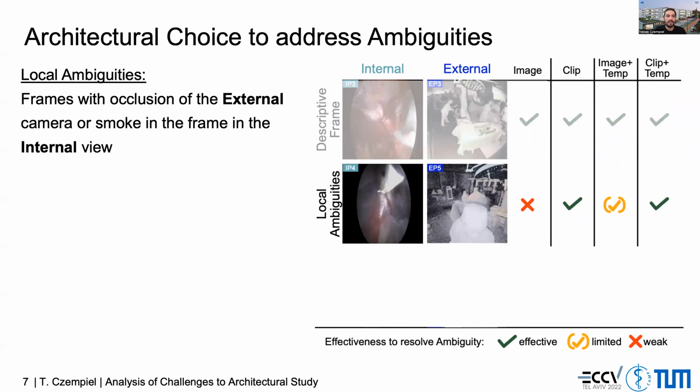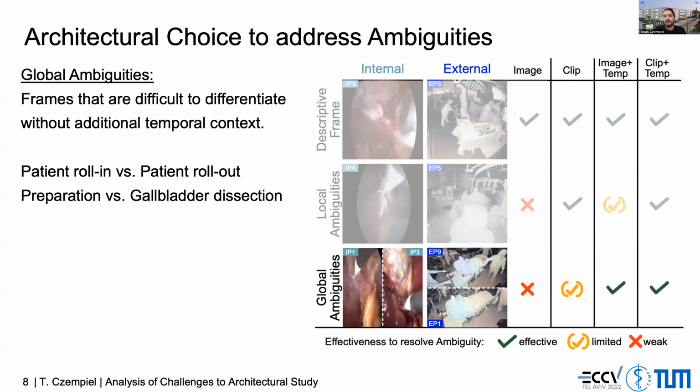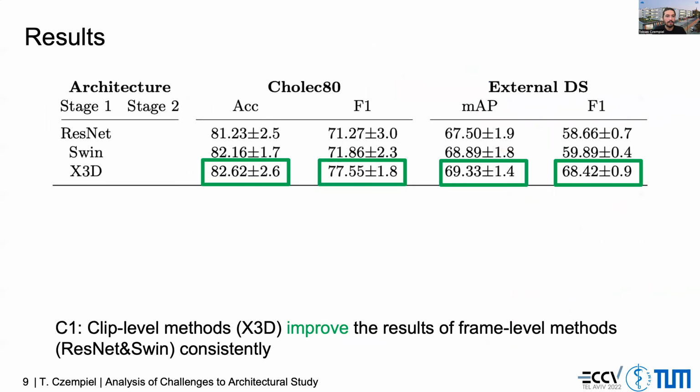However, when we encounter local ambiguities such as smoke in the image or occlusions of the camera, one single time step in our image level methods might not be sufficient, and an additional temporal context, local or global, might be useful. Global ambiguities are frames that can appear in multiple phases, and for these ambiguities it is really important to have a longer temporal context to take into consideration for a successful prediction.